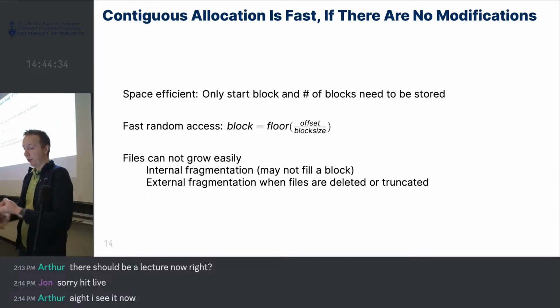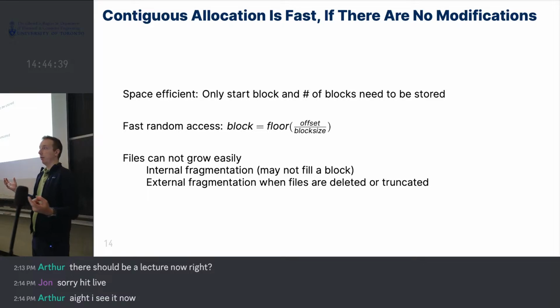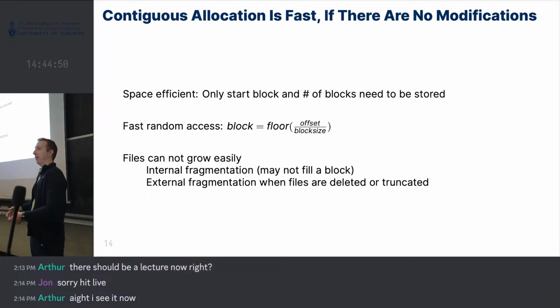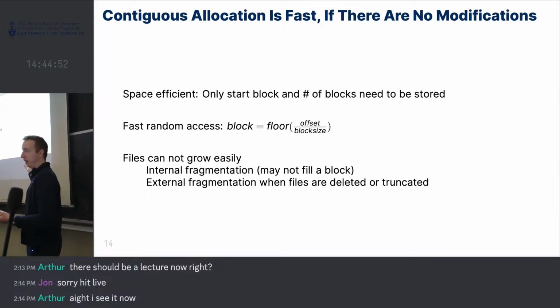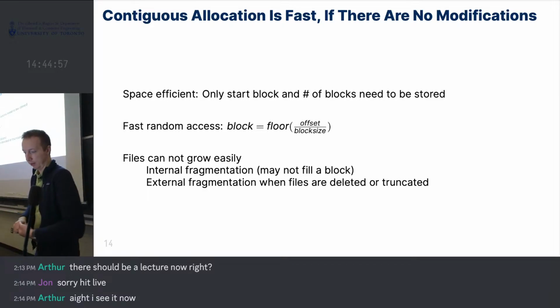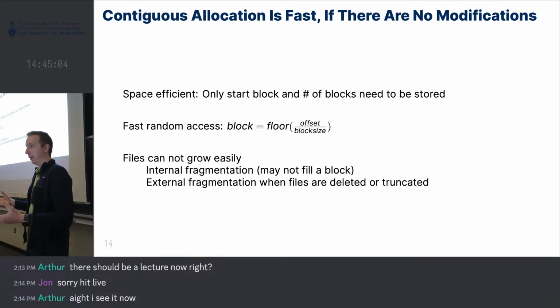I have internal fragmentation because if I need an entire block for a file, and say blocks are 8 kilobytes, but my file is only like 12 bytes, I just write hello world or something like that, I still have to use an entire block, so most of the space is wasted, and that's internal fragmentation. External fragmentation is when I can't actually use blocks because they're not big enough.